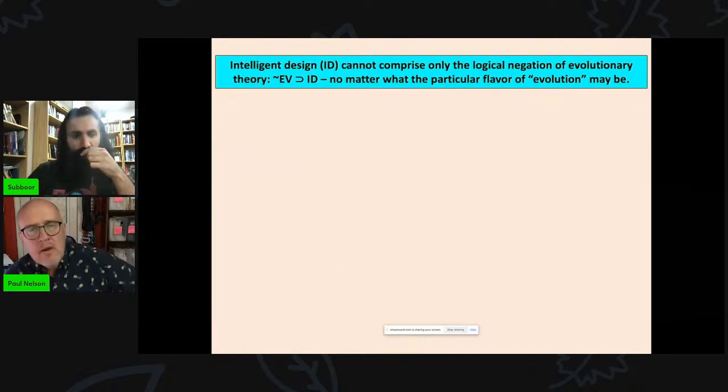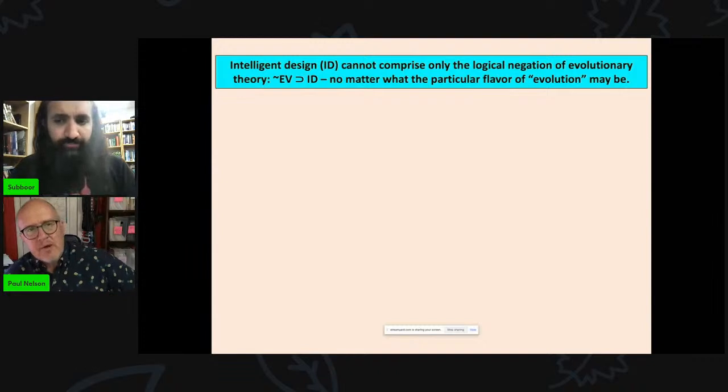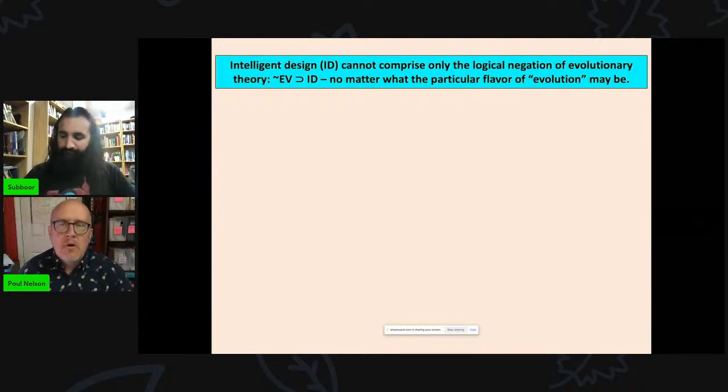So just as a little preamble, we need to be cautious about thinking of intelligent design as simply the logical negation of evolutionary theory. On the top of the slide, you see in the blue box a little logical formula: negation, evolution, therefore, the horseshoe symbol, intelligent design.